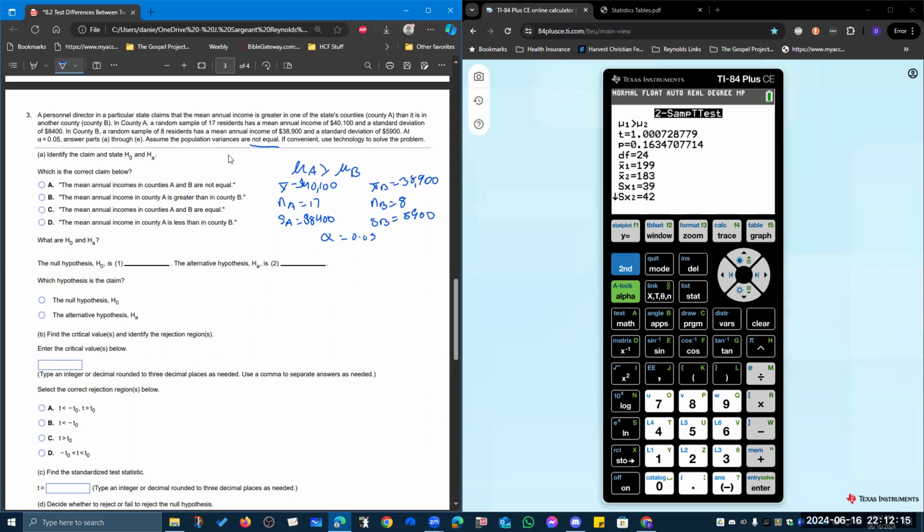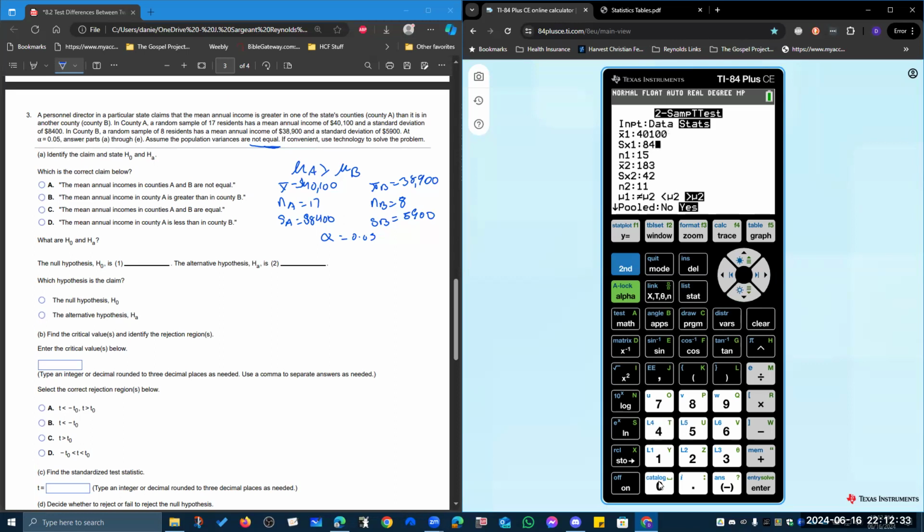And assume that the population variances are not equal this time. So stat test number 4, x bar 1 is 40,100.